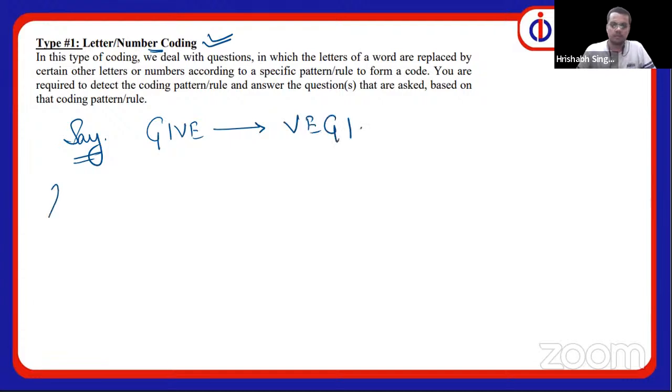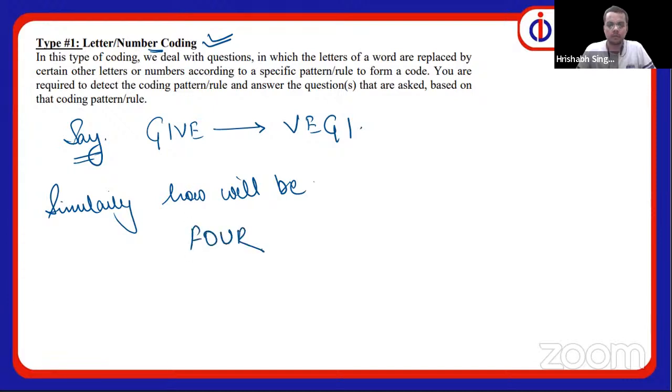Similarly, the question can be asked, how will 4 be coded?